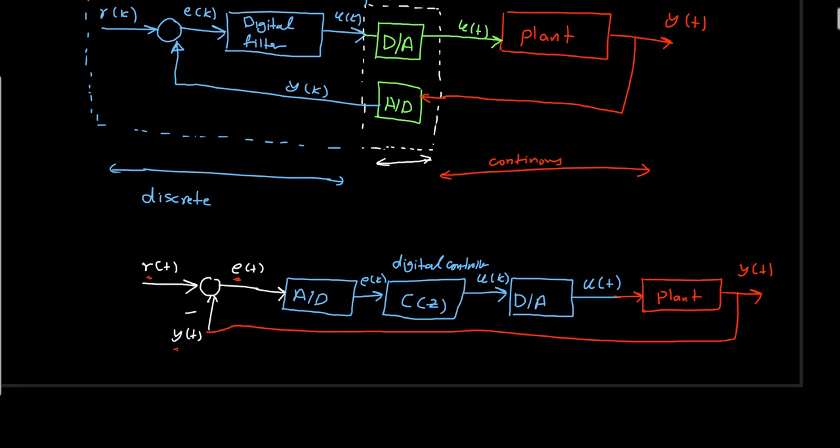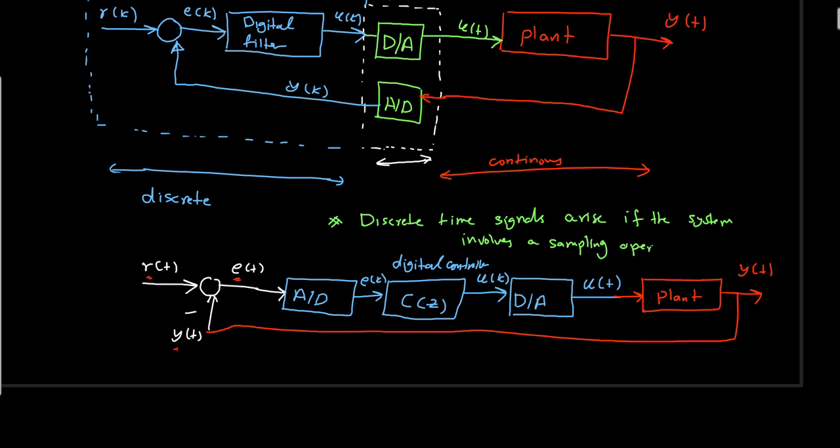So here we can add a note that discrete time signals arise if the system involves a sampling operation of a continuous time signal.